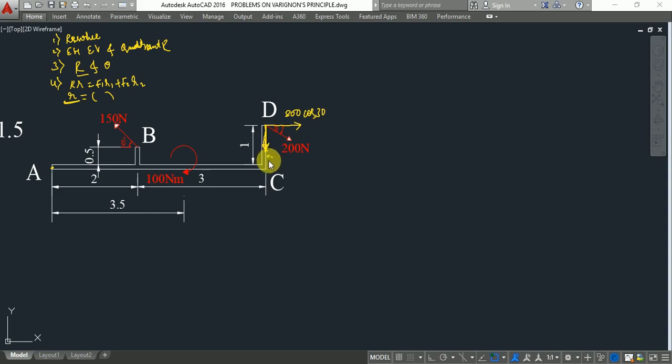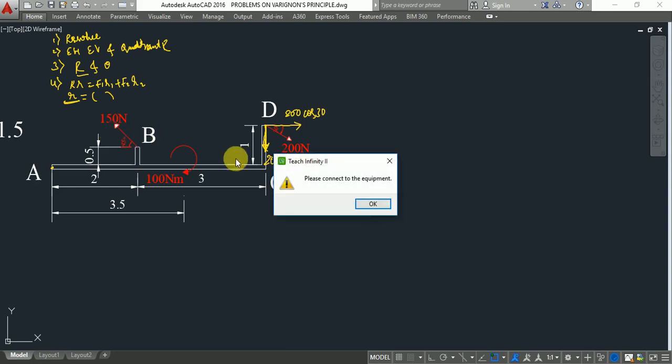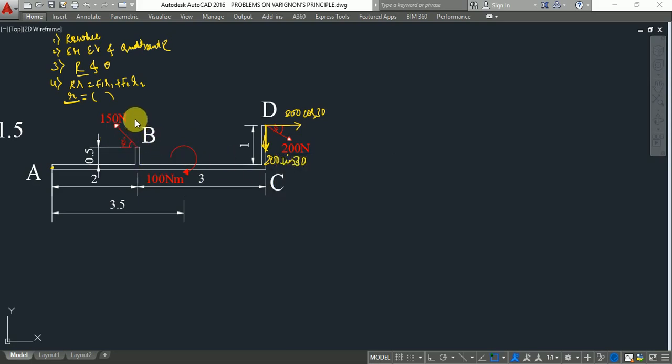So 200 sine 30 degrees. And if we resolve this other force, this vertical is moving away from the given angle theta, so this will be 150 sine 45 degrees, and this horizontal will be 150 cos 45 degrees. So the first step of resolution of forces is done.